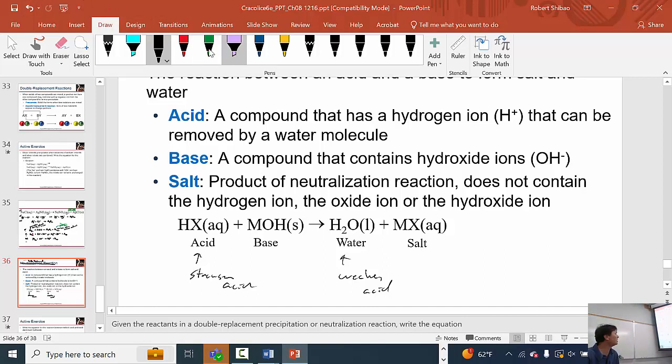It follows the same pattern. This is AB plus CD yields AD plus BC. So this is double replacement. B is here switched, which is C. BD.